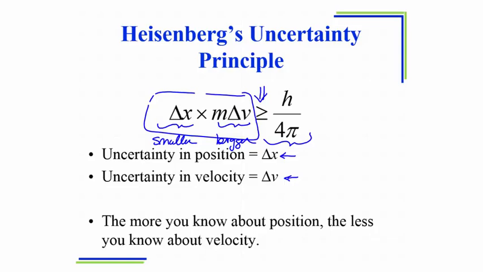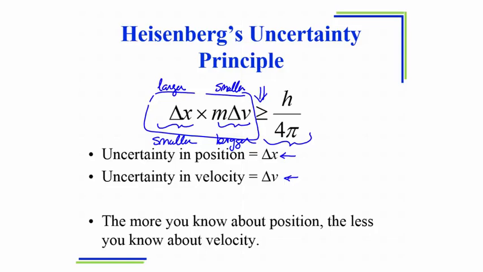And conversely, the more accurately we know the velocity, the smaller this term is, the larger this term is, because we have to keep that product larger than what's on the right-hand side. So this gives us a complication.